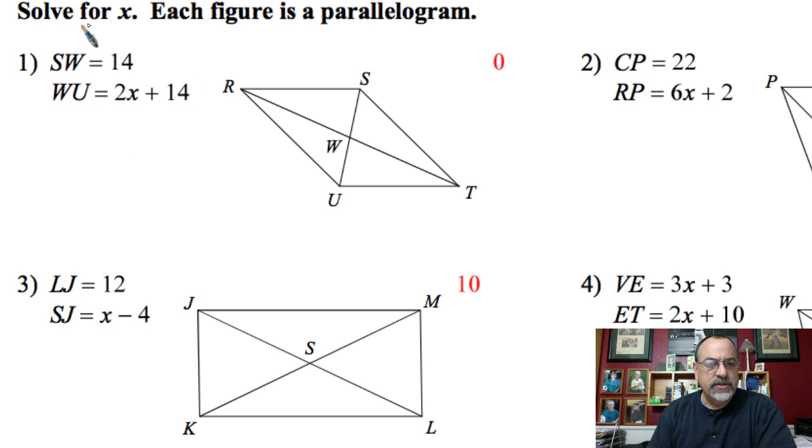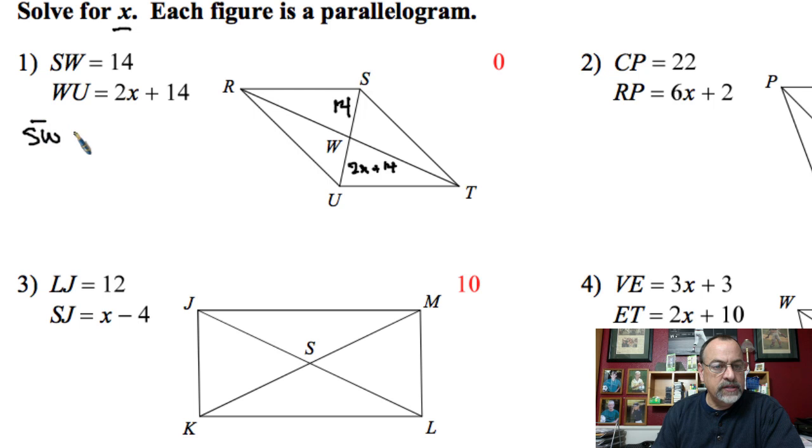So here we're asked to solve for x, and SW, so that's from here to here, is 14, and WU is 2x plus 14. Now, what's the relationship between those two parts? Well, this is a diagonal, and because this other diagonal is drawn, this is being bisected, so we know then that SW is equal to WU.